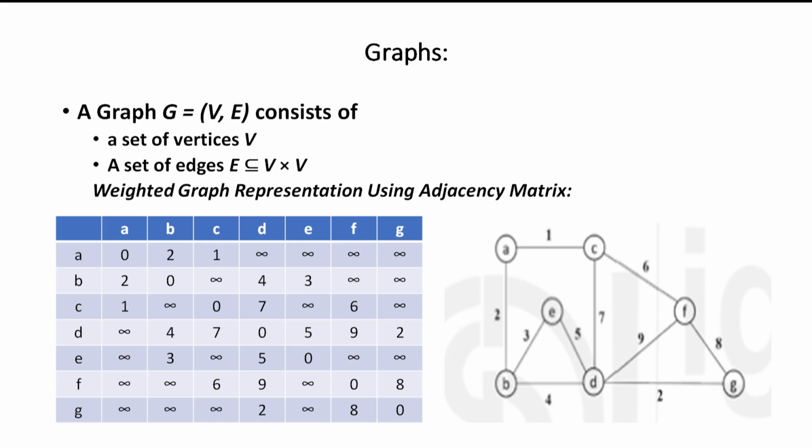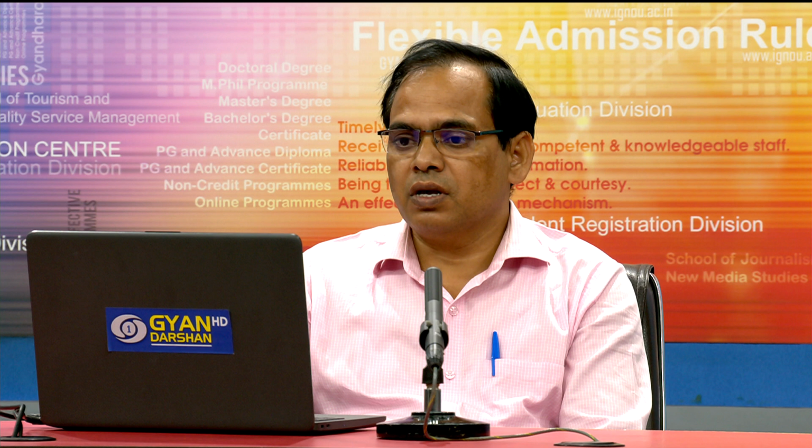So in the first row, for A to C, the entry is 1. But there is no direct path from A to D, A to E, A to F or A to G. So that's why an infinite value is represented in those cells. In this way we represent the entire graph using the adjacency matrix.